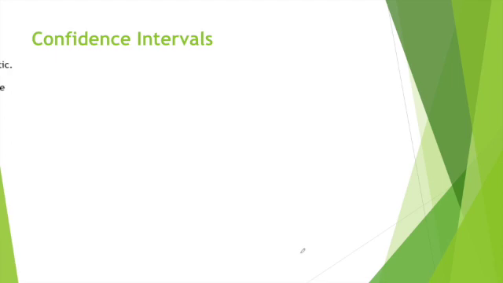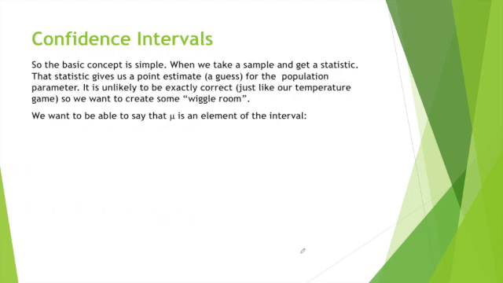Confidence intervals. The basic concept is really simple. We're going to take a sample and get a statistic. The statistic gives us a point estimate, a guess for our population parameter, that's mu. It's unlikely to be exactly correct, so we want to create some wiggle room.